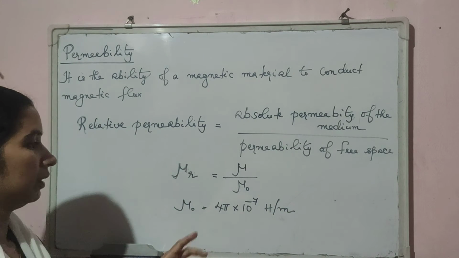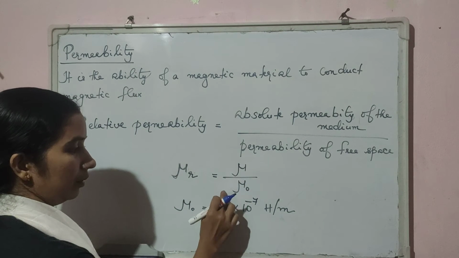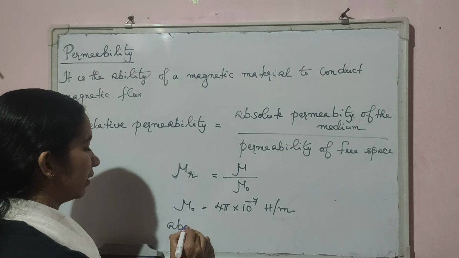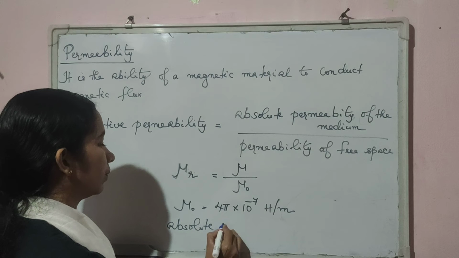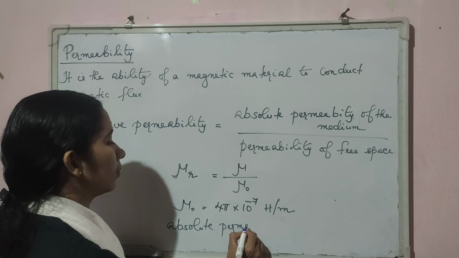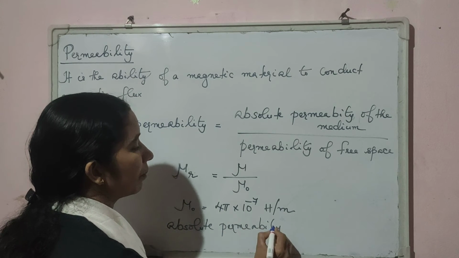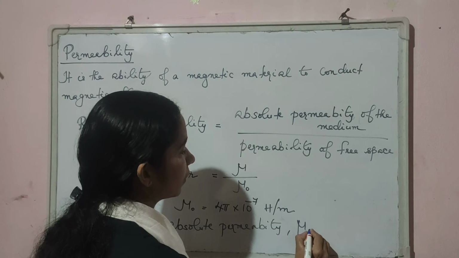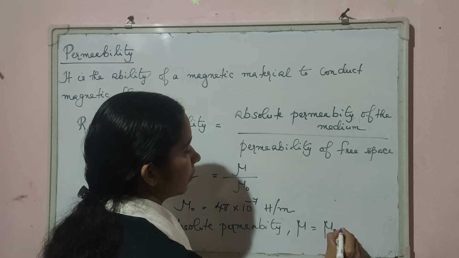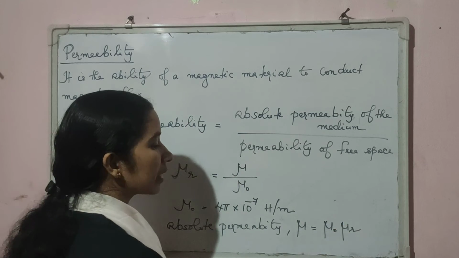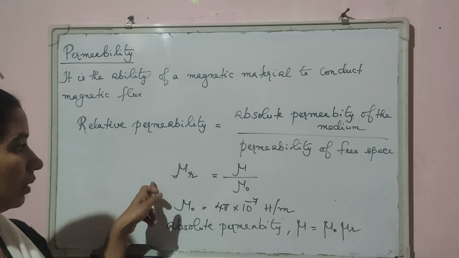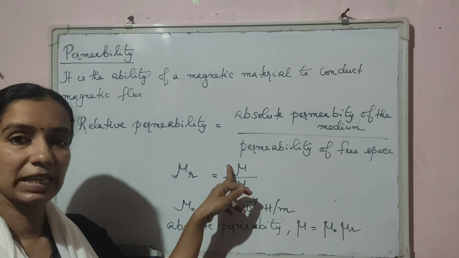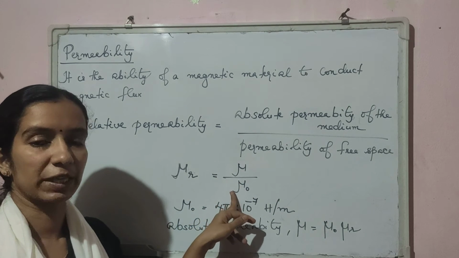From this equation we can write absolute permeability mu is equal to mu 0 into mu r. So these equations are very important. Relative permeability is equal to permeability of a material divided by permeability of free space.